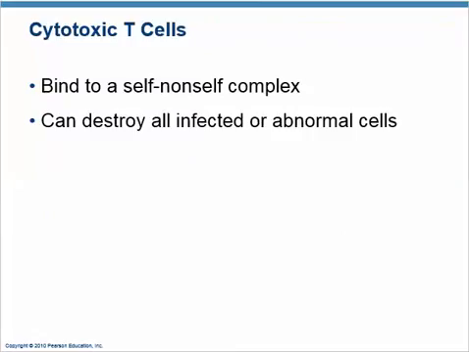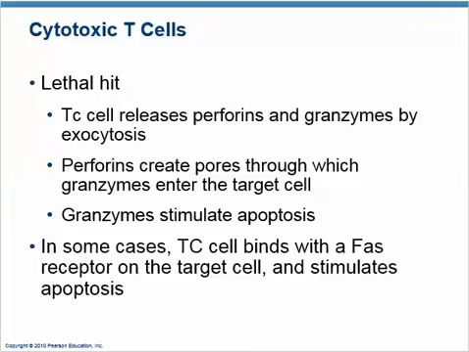Okay, so they bind to any MHC-non-self complex. So an MHC that has the antigen, the non-self, incorporated into it, and they destroy that cell. And they do it by releasing perforins, which poke holes, and enzymes that cause the cell to die.